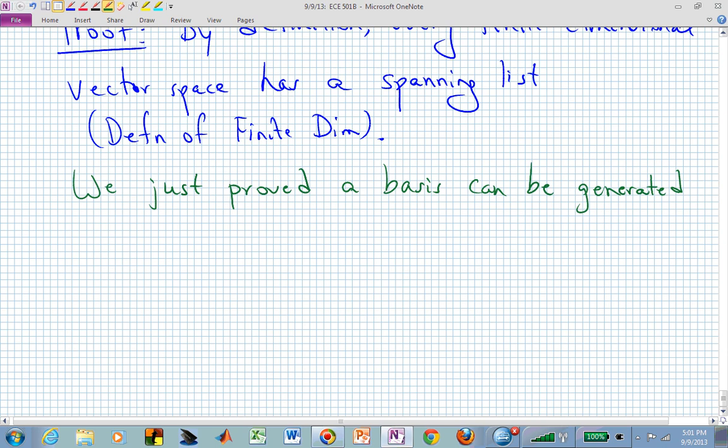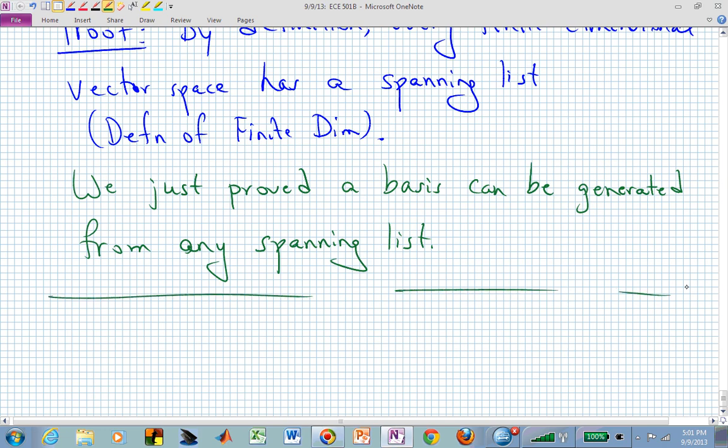We're throwing things away, aren't we, to produce it from a spanning set. So a basis can be generated from any spanning list. So that's starting with one of the properties of the two that we need to form a basis. And that one started with a spanning set.